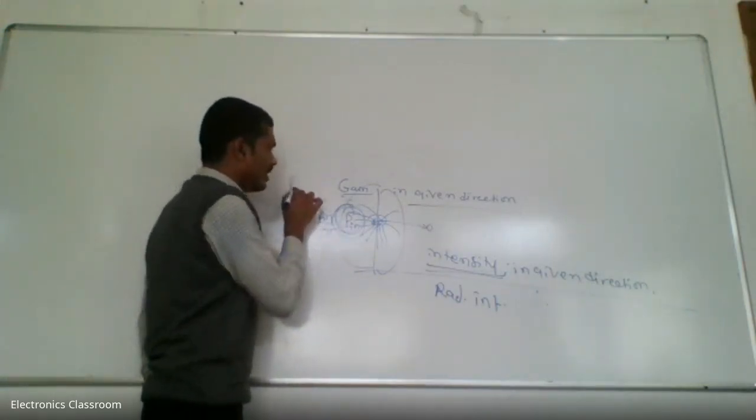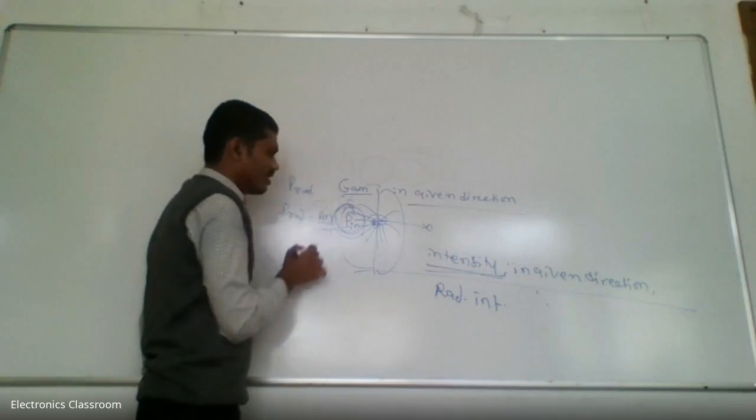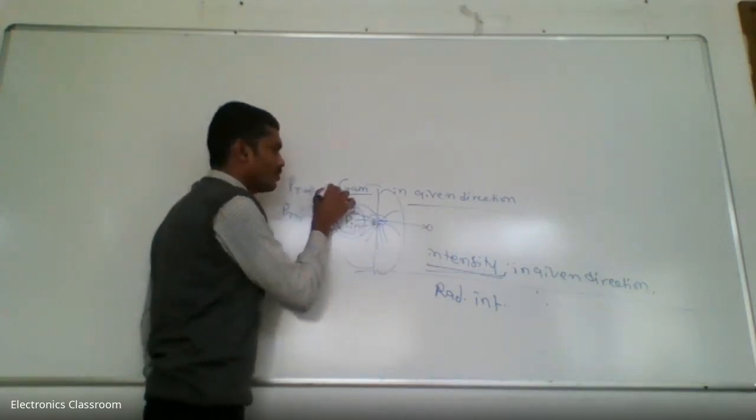So your total isotropic radiation of that antenna is equal to P in over 4 pi.